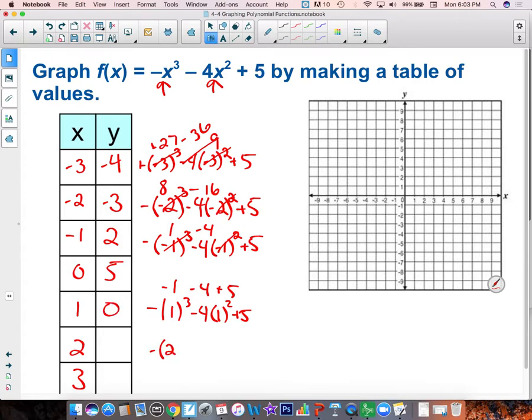So -2 cubed. Almost there. So that's -8 out front. And then that's 4, it's -16. So we're at -24 plus 5, so it's -19. So we're starting to get some big numbers here. So let's just plug in a 3 here to finish it off.